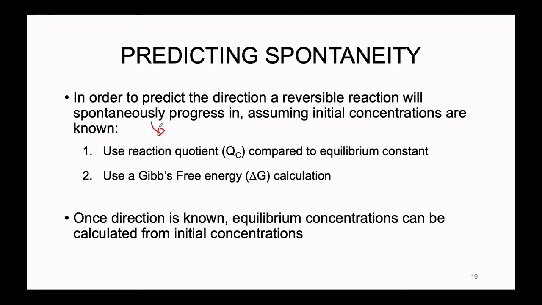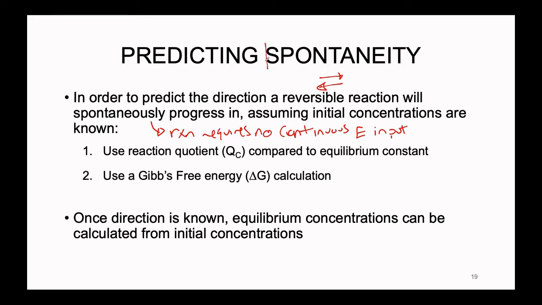So spontaneous, again, in this sense, means that the reaction requires no continuous energy input. So the reaction itself, you don't need to force it to move in any direction. It will spontaneously shift either from reactants to products, or in this case, also possibly from products to reactants, all on its own spontaneously.